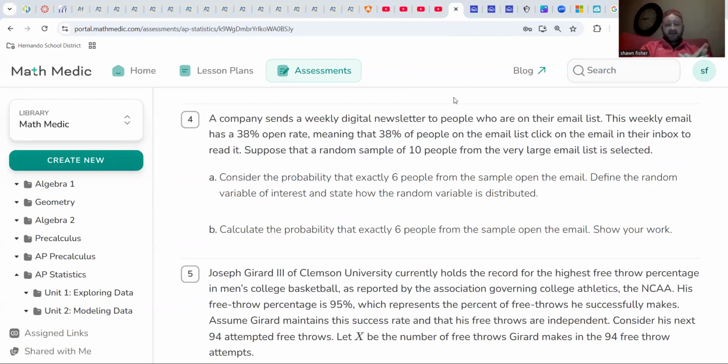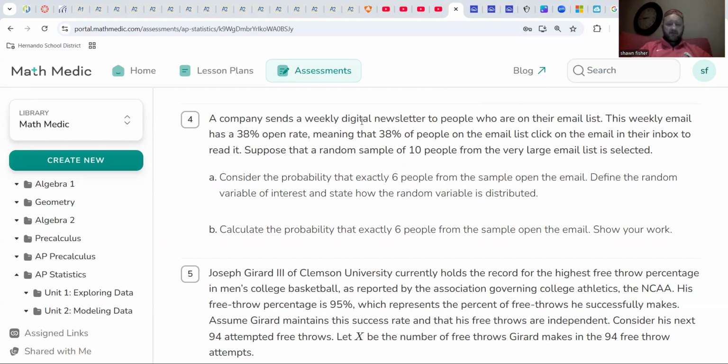Consider the probability that exactly 6, X equals 6. Define the random variable of interest and state how the random variable is distributed. Is it normal? Is it uniform? Is it binary or binomial?